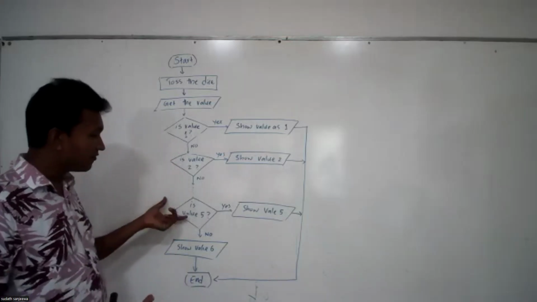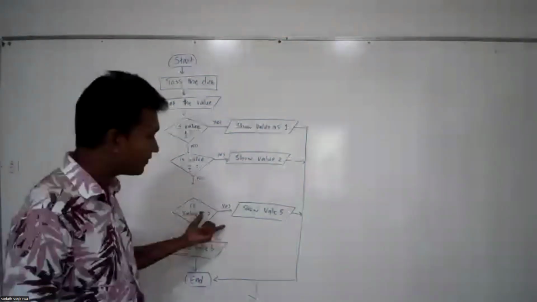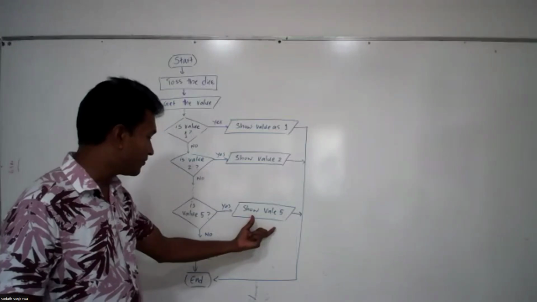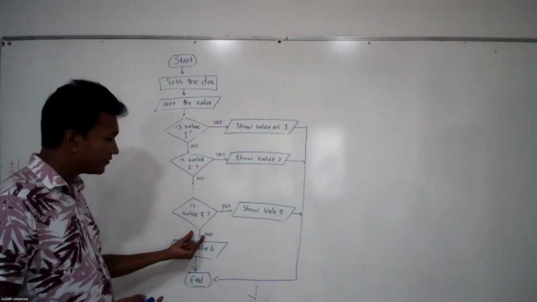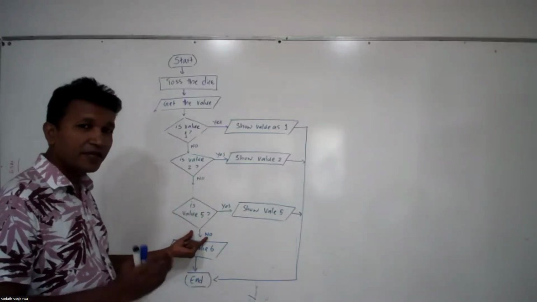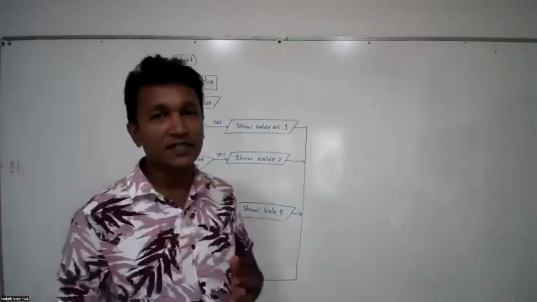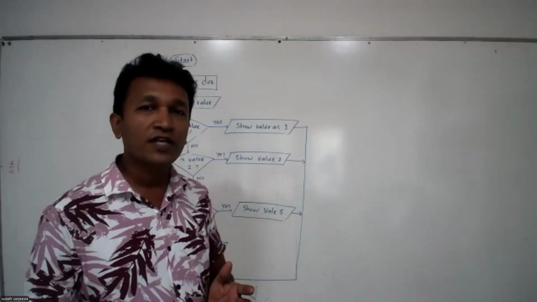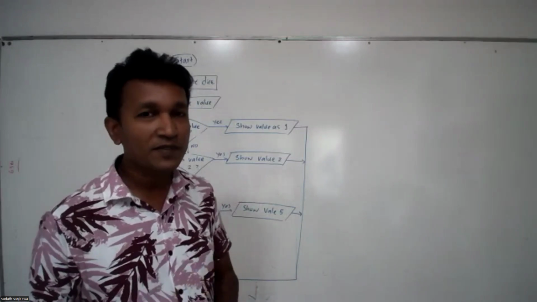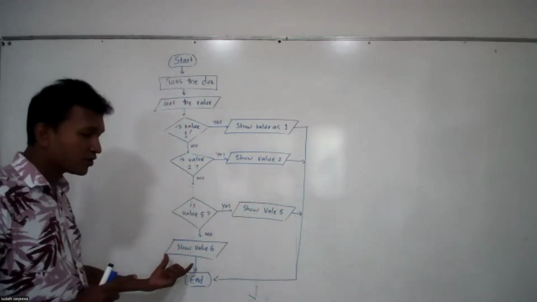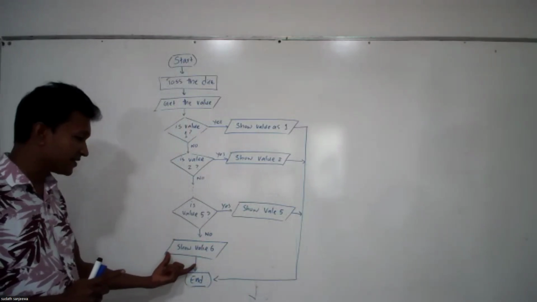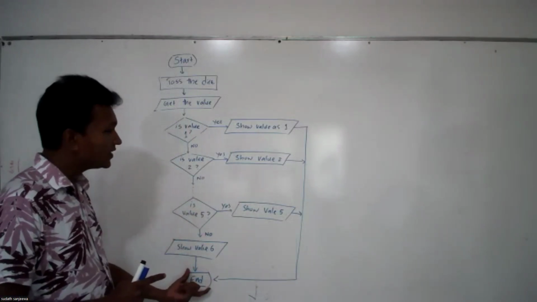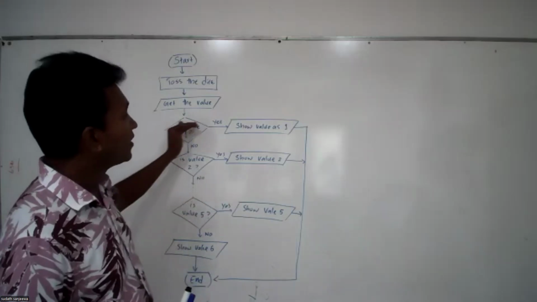Finally, we check whether the value is 5. If it is yes, show the value as 5. Finally, if it is not 5, that means there is only one option. That means if it is not 1, 2, 3, 4, 5, then there is one option, that is show the value as 6. Then we go to the end and stop our program.